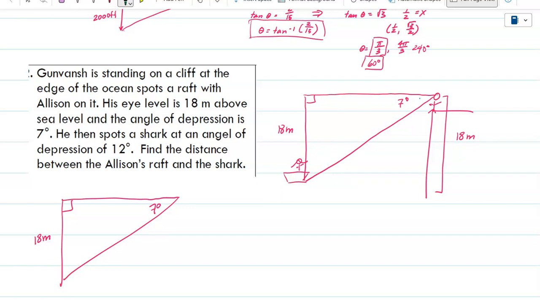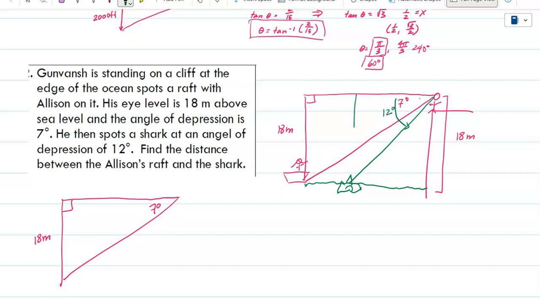In order to get to 12 degrees, you have to go past 7, so the shark is closer to the cliff. And here is the shark, there's the water, and there is the shark, this is a horrible job. Okay, there's a shark, and that's 12 degrees.